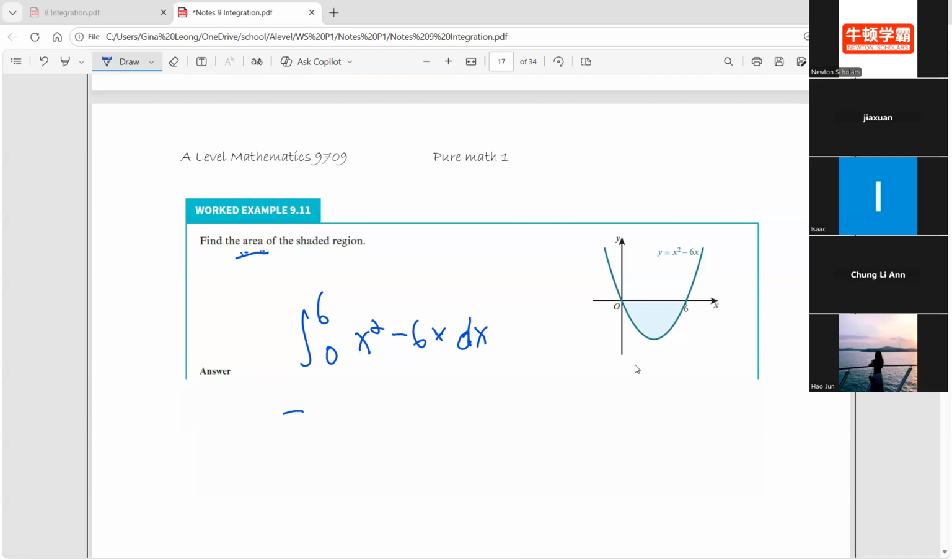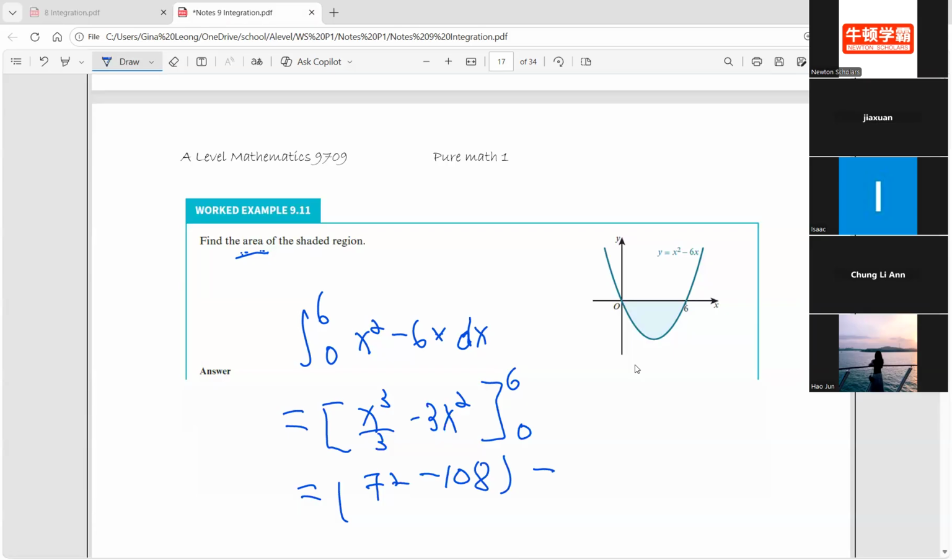So we start to do it first. This one I will get x power 3 over 3 minus 3x squared, from 0 to 6. Once you already have this, you can just put the value inside here. When you put it in, you will get 72 minus 108.